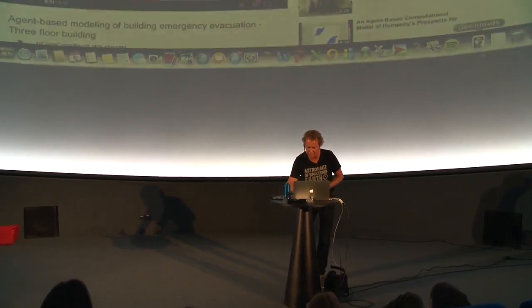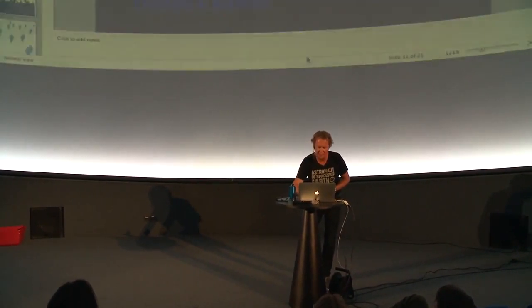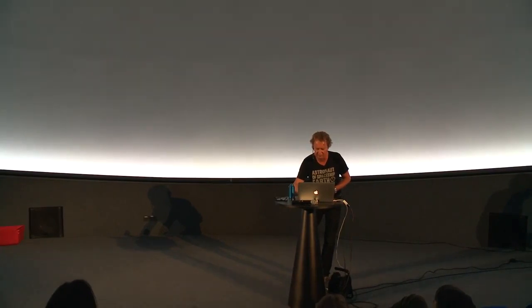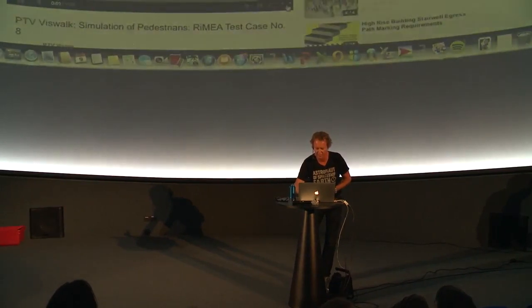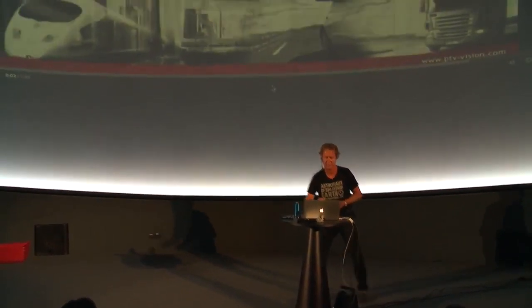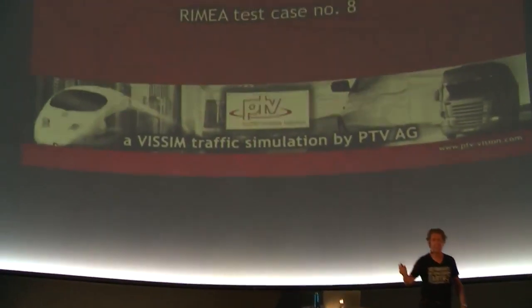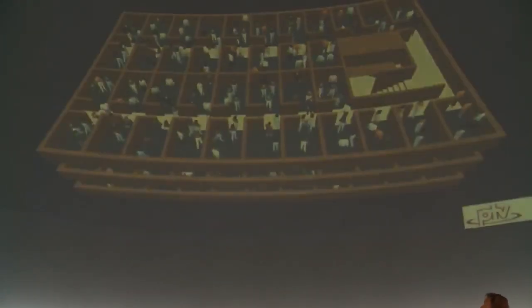Now I would like to confront you with a model that is a little bit more advanced. And I would like you to have a very close look at what is happening here. Basically, this is the same physical layout as the previous model. A 3-story building in an evacuation situation.